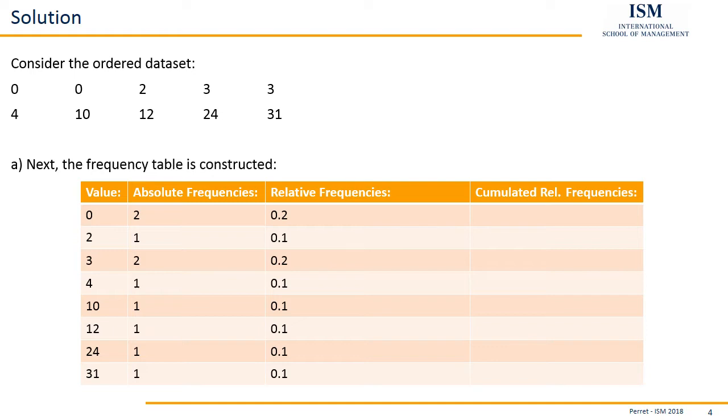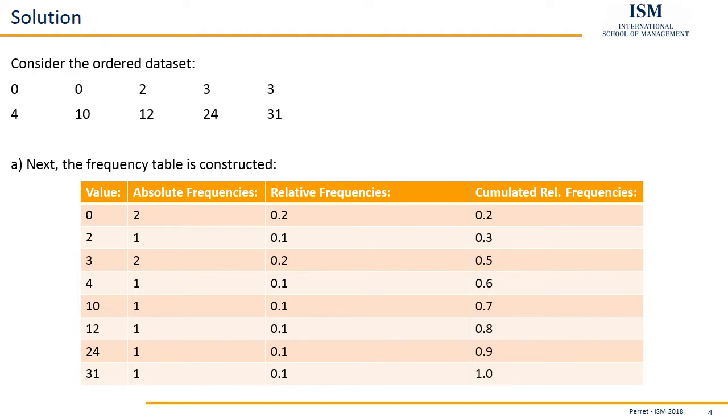So this leaves us only with the last column of the cumulative relative frequencies. For this, we always take the cumulated frequency of the row above and add to this the relative frequency of the current row. So with the first entry, well, the row above, there's nothing, so we have 0, plus the relative frequency in this row is 0.2, resulting in 0.2.